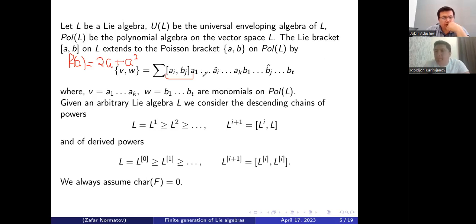Да. Дальше. Actually, for the element A, we should use the basis.